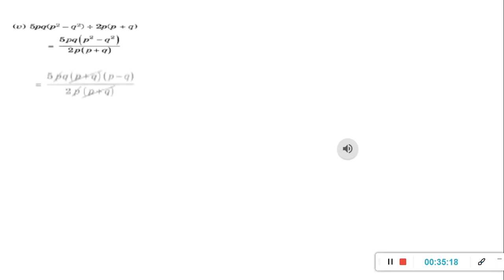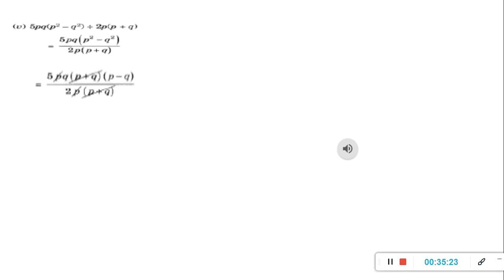Now fifth question. 5pq into p square minus q square divided by 2p into p plus q. So here in the numerator we know that p square minus q square is there. That means our third identity, a square minus b square is equal to a plus b into a minus b. So p square minus q square can be written as p plus q into p minus q.